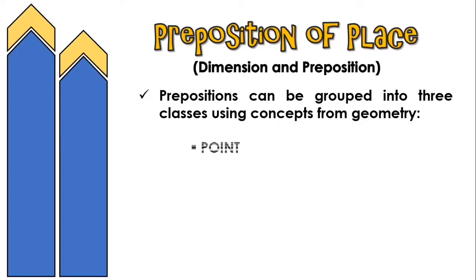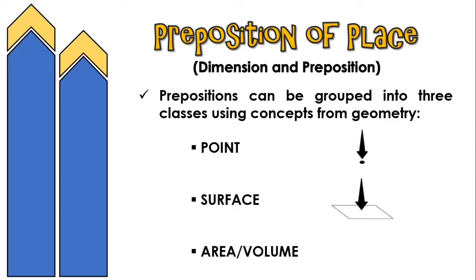The first concept is point, second, surface, third, area and volume. Each of these concepts has a particular preposition of place to refer. And we will start with the first concept.